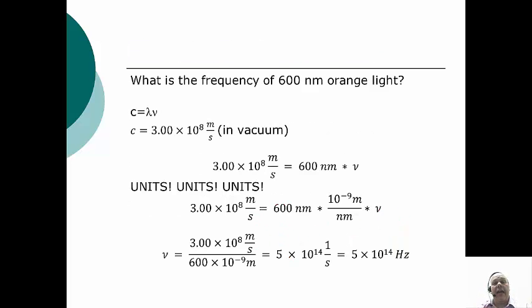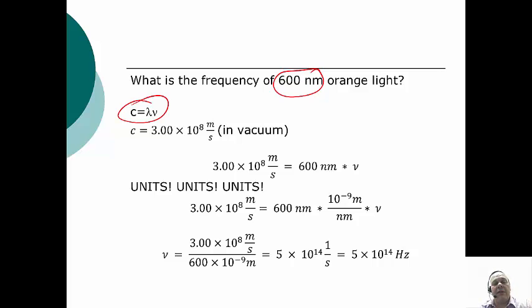So if I have a wavelength, say 600 nanometers, that's one way to define the light, and 600 nanometer light actually is orange, right? I could also define orange light in terms of the frequency, because in vacuum or air, 3 times 10 to the 8th meters per second is the product of the wavelength and the frequency of the light.